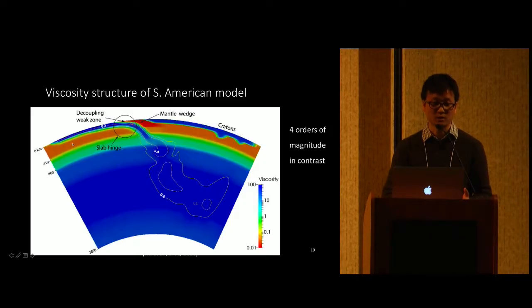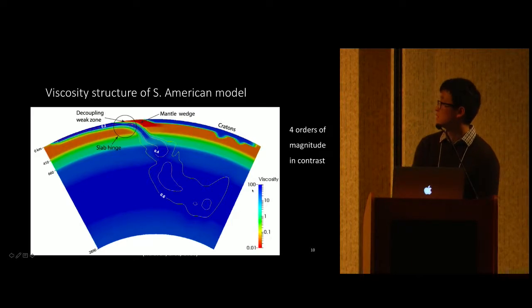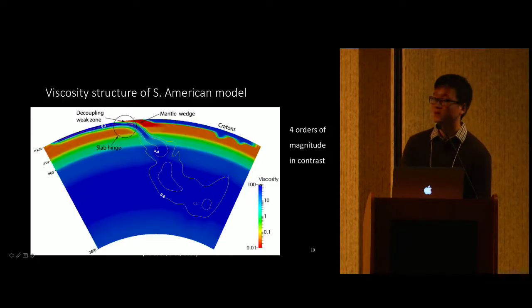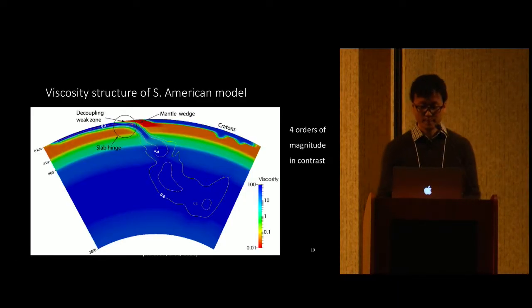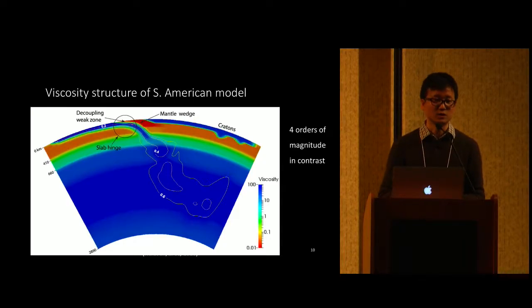And we have a weak asthenosphere and a very strong lower mantle, where strong means high viscosity. As you can see, the viscosity contrast reaches four orders of magnitude. So this will cause some problems for the convergence of the solver. Basically, it will slow down the convergence.